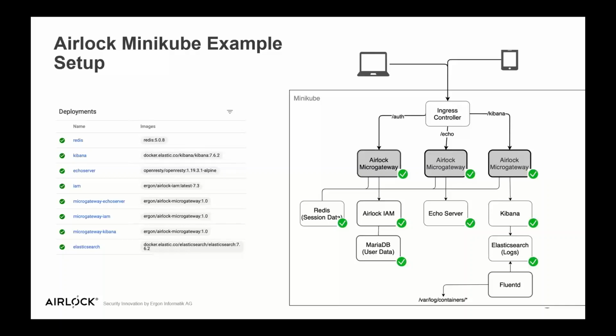Okay, and the setup is the middle one I explained before. So you will have a session database with all the session information. All the microgateways know that there is a session database, so they are session aware. And of course, then you can try it out. You can call the echo server. You would have to authenticate.